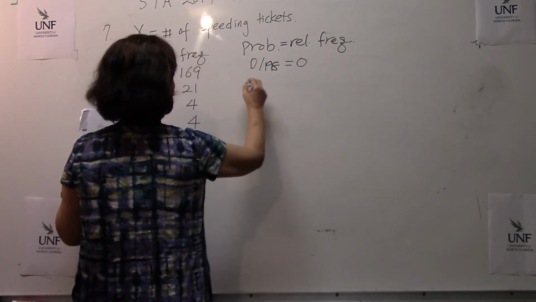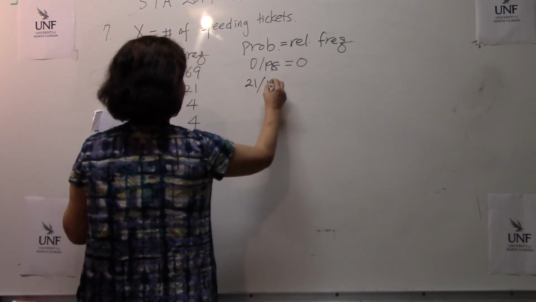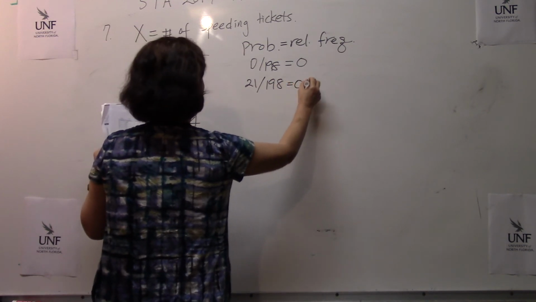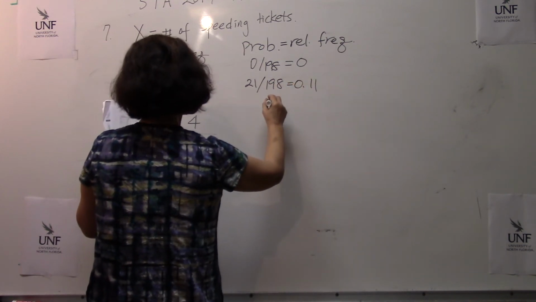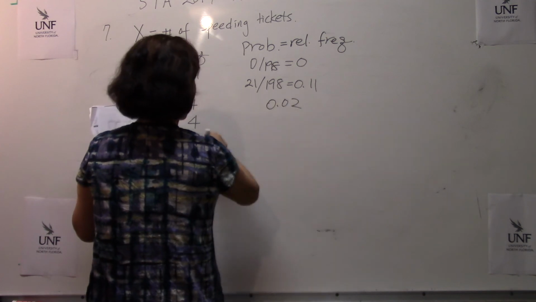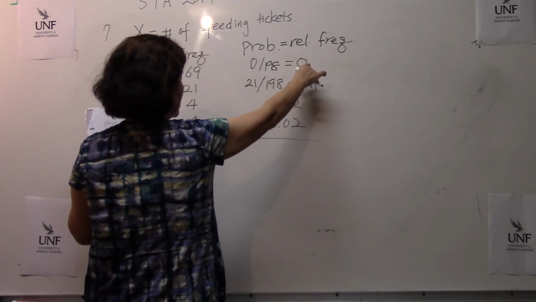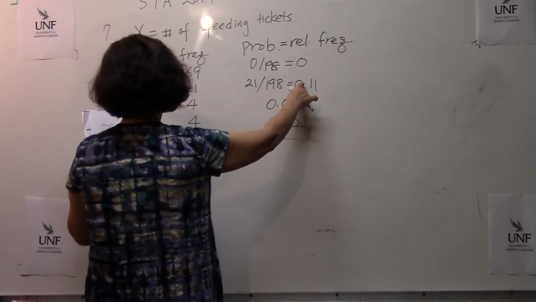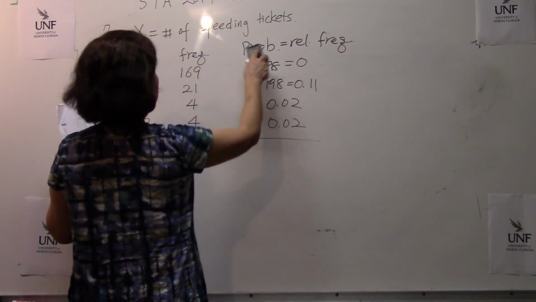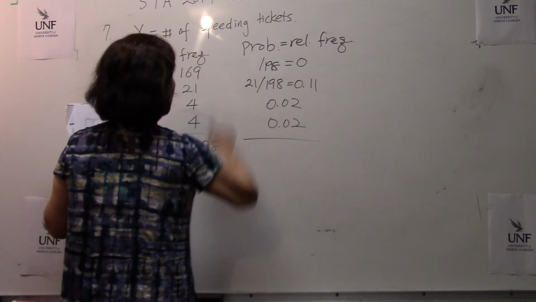The next one is going to be 21 out of 198, that is 0.11. The next one is 0.02, and the next one also 0.02. When you add up this, not 0, I'm sorry. Here the frequency is 169.